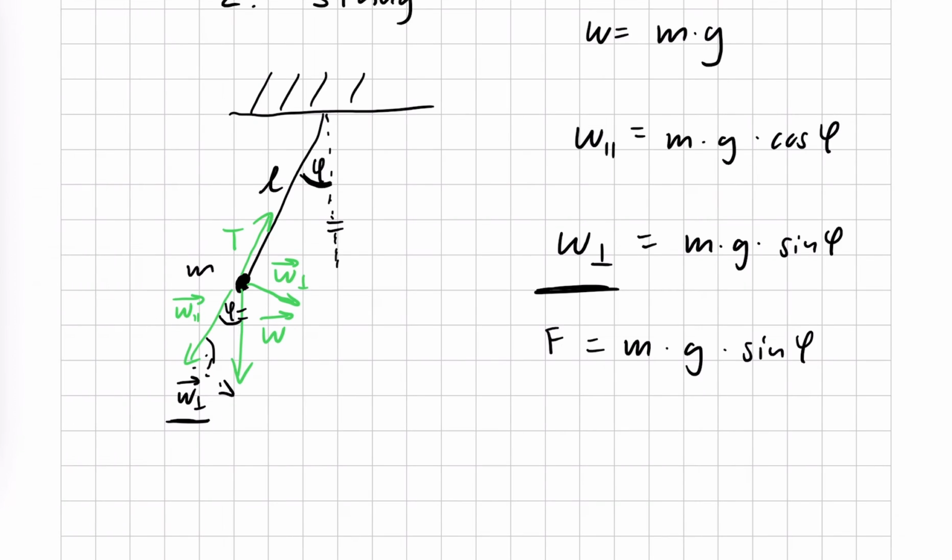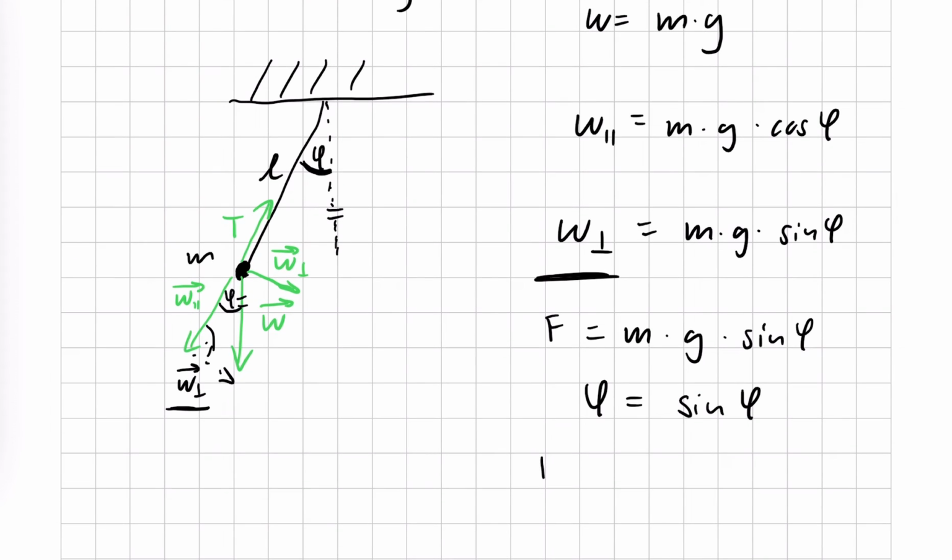Okay, and now one thing I have to say, hope this doesn't disturb any fellow mathematicians too much, is that phi equals the sine of phi for very small angles, and we assume that the angles we're talking about here are very small. So we insert that, force equals mg phi. What else do we know about the force?